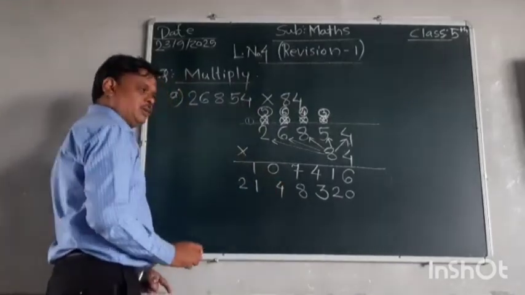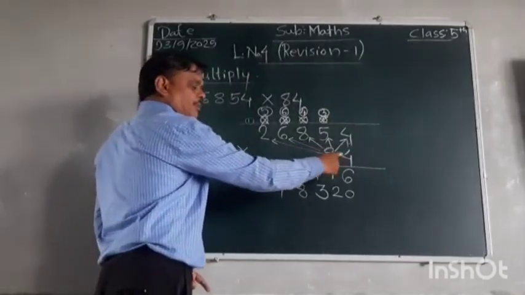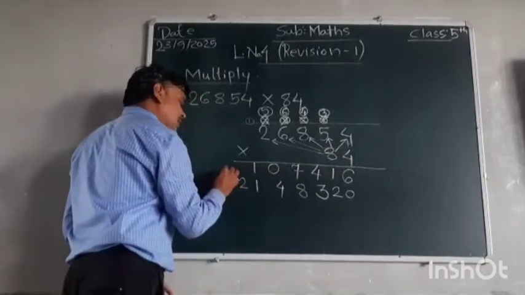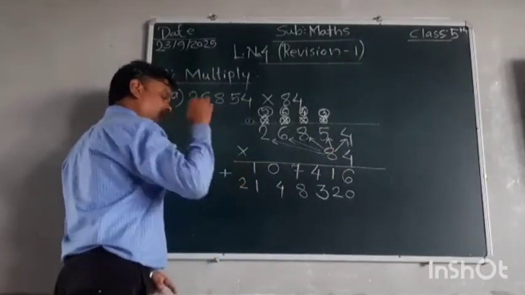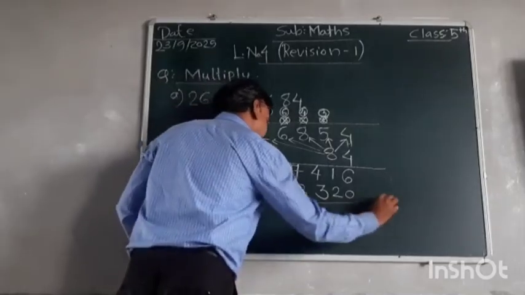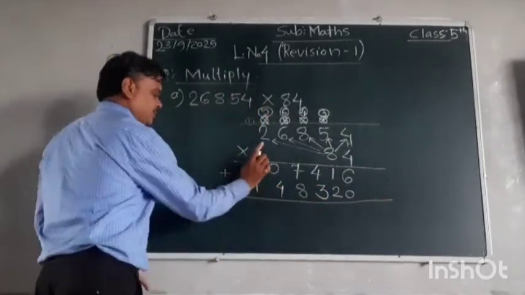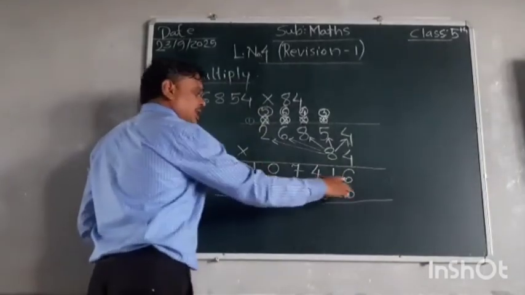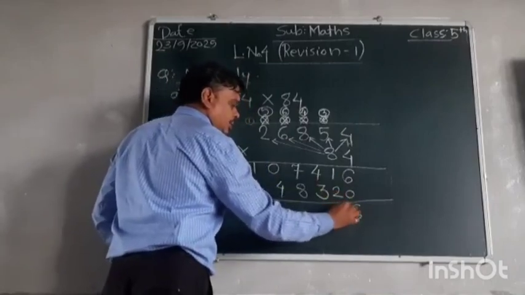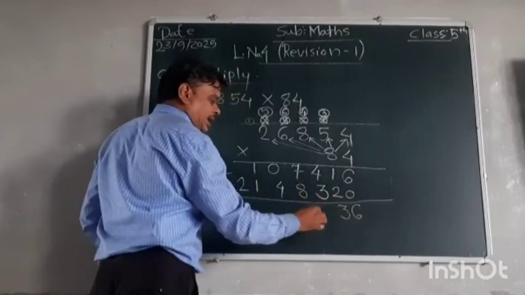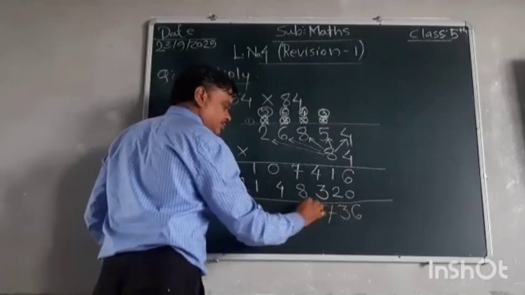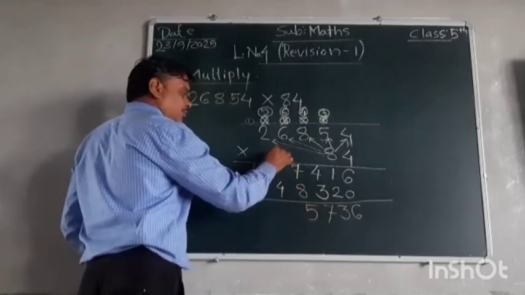Understand everyone? Yes. So after completion of multiplication by both these digits, you have to place the addition sign here. Now you have to perform simple addition of these numbers. 6 plus 0, 6. 3 plus 2... 2 plus 1, 3. 4 plus 3, 7. 7 plus 8, 15, 1 carry.